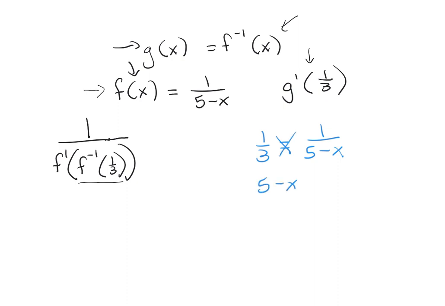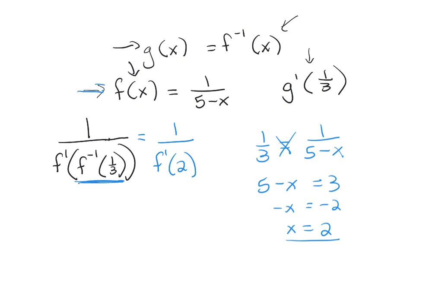So 5 minus x equals 3, negative x equals -2, x equals 2. So x equals 2 on the original function, but that's y on the inverse function. So f -1 of 1/3 is 2. So 1 over the derivative of f at 2.